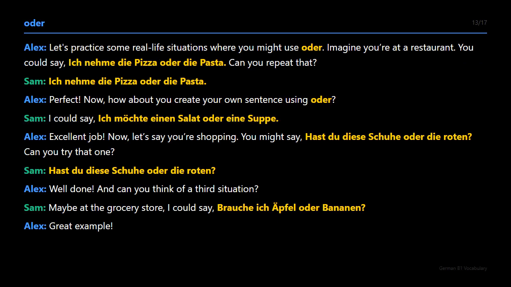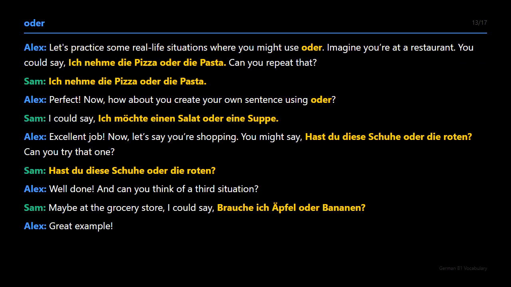Ich nehme die Pizza oder die Pasta. Perfect. Now, how about you create your own sentence using oder? I could say, Ich möchte einen Salat oder eine Suppe.